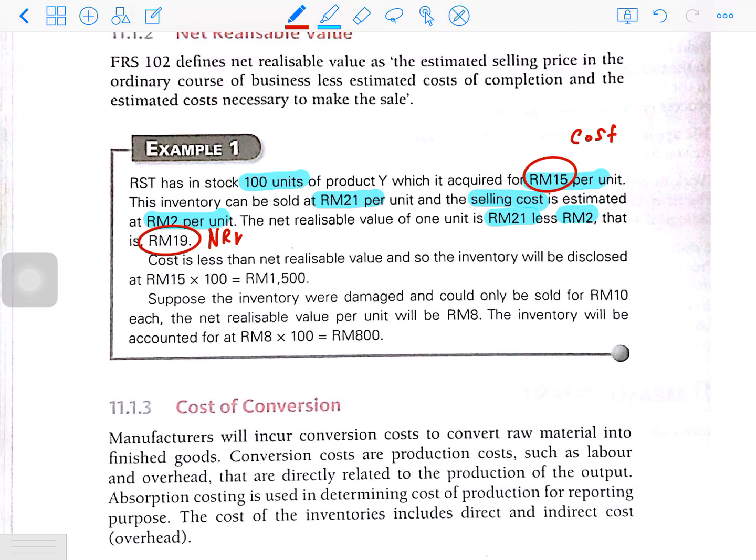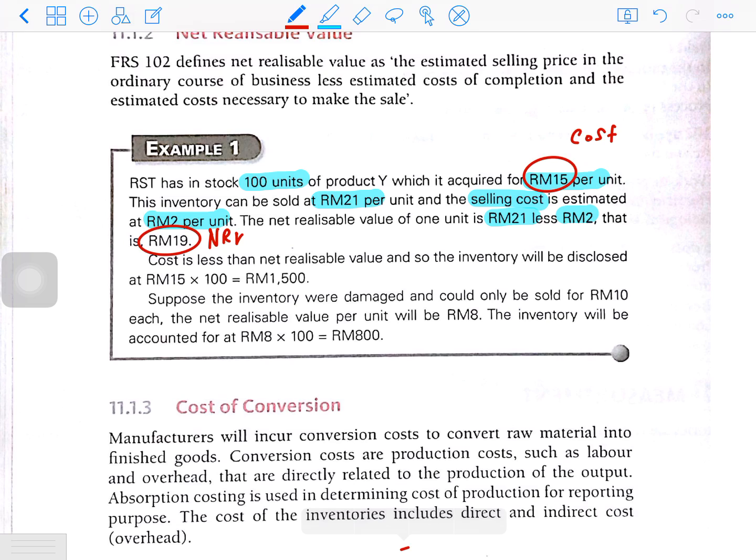So the stock will be valued at 15, and the total units we have is 100. That means 100 times 15, 1,500. So 1,500 will be included in the closing stock.